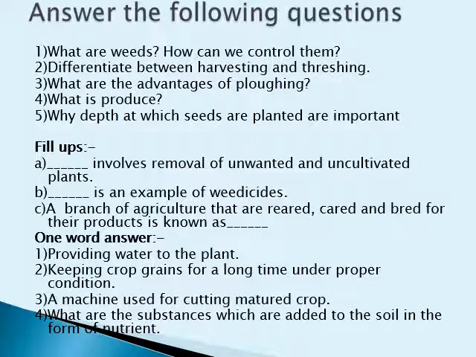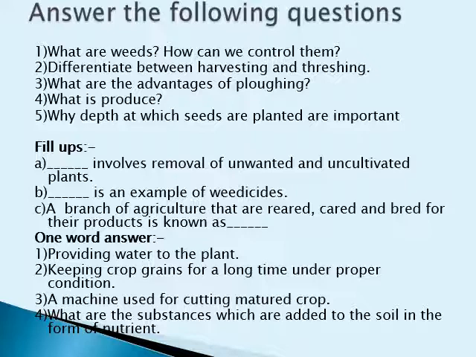Now we are going to discuss some of the fill-ups. Dash involves removal of unwanted and uncultivated plants. And the answer is weeding. Second question says, dash is an example of a weedicide.